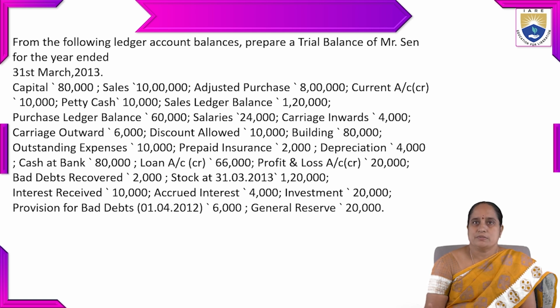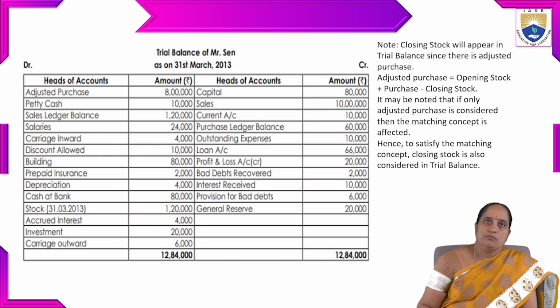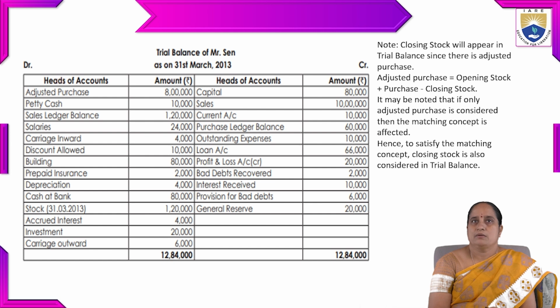Stock at 31st March 2013, that is 1,20,000. Interest received 10,000. Accrued interest 4,000. Investment 20,000. Provision for bad debts 6,000. General reserve 20,000. So using this data now, we are going to prepare the statement of trial balance of Mr. Sen as on 31st March 2013.